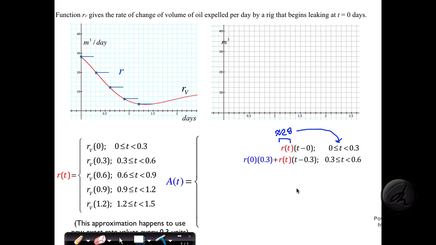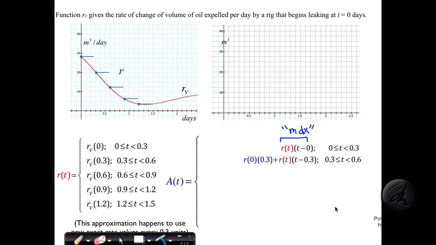Between 0.3 and 0.6, we have that same sort of thing. The red part here is our rate, and then how long we use that rate for. So this is our mdx sort of expression. Let me actually write that. When I'm in this first interval, this is the mdx, the rate and how long we use it for.